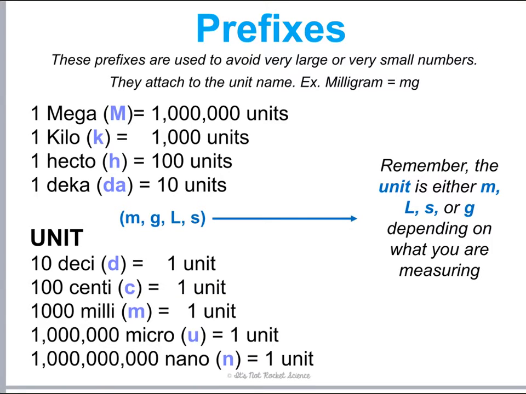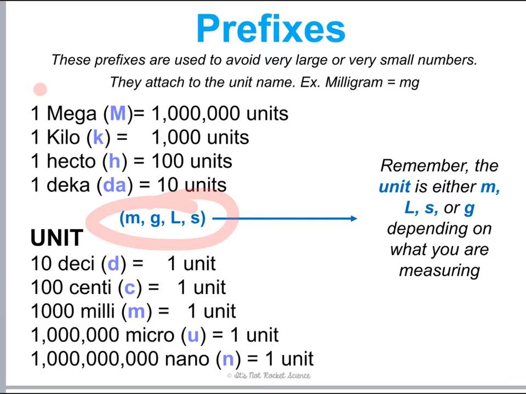I should say these are the metric system prefixes. So here in the middle, we've got our base units. So meter, gram, liters, seconds. So these are your very basic units in the middle.